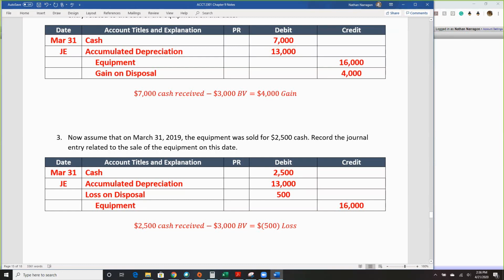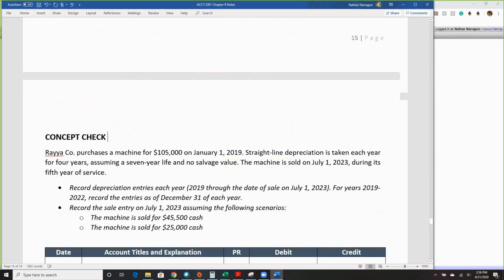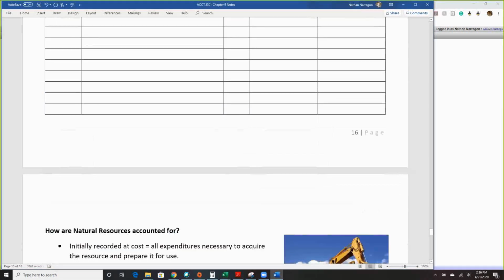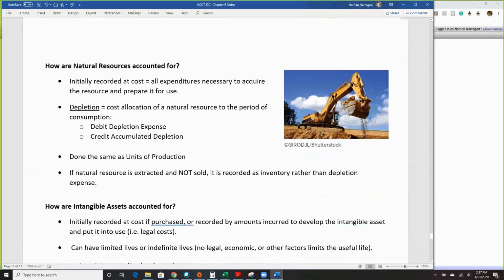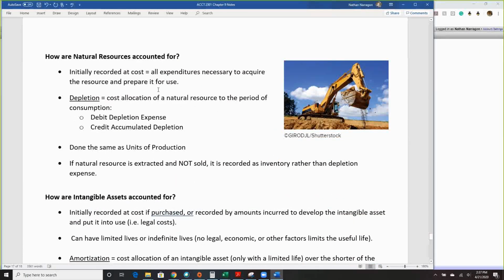Alright. The last little bit is, again, you may have a problem that goes over natural resources or intangibles. That typically happens on the homework. Natural resources in themselves, again, remember, it is us pulling out materials from inside the earth.